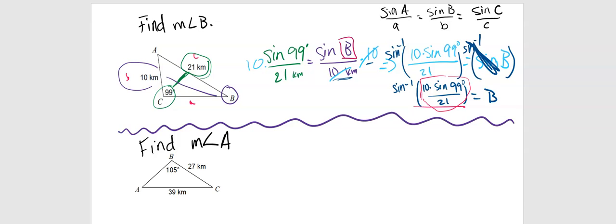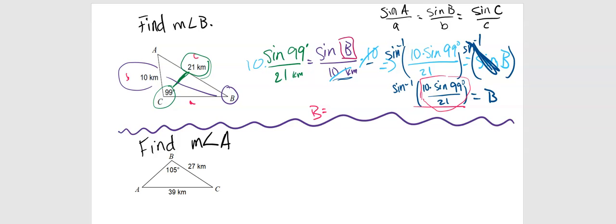Okay, I'm going to write my answer right over here. So I'm going to type this whole thing in really quickly. I have the inverse sine of 10 times the sine of 99 degrees. I just realized that I forgot a set of parentheses here. 10 times the sine of 99 degrees, all divided by 21.